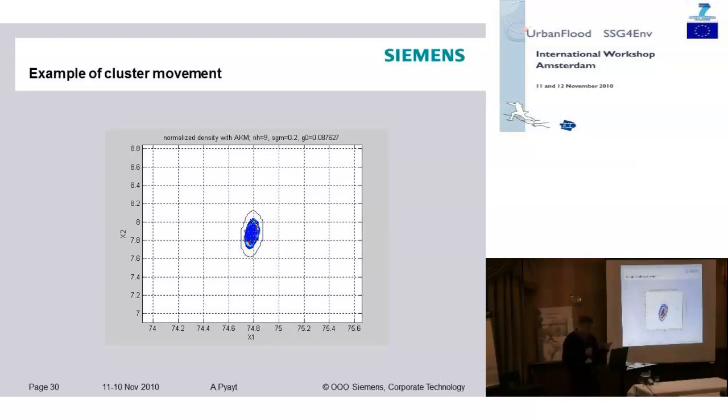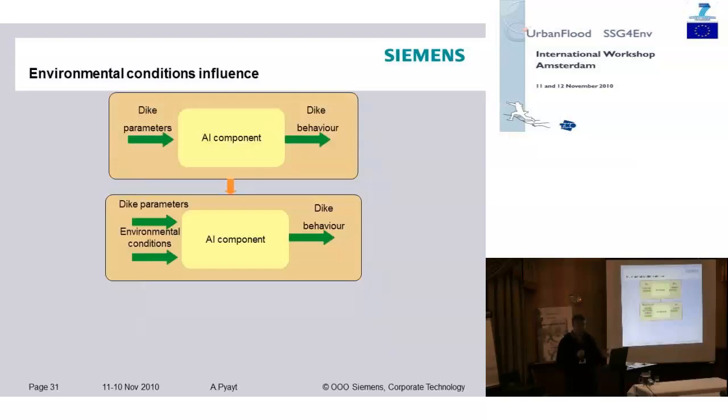So this means that it is not so easy to say what is normal or abnormal behavior, because these clusters of measurements are moving. So we should include in our model not only dike parameters but also environmental conditions.